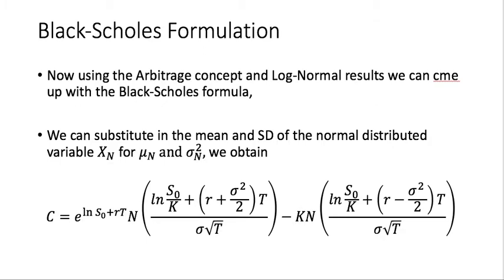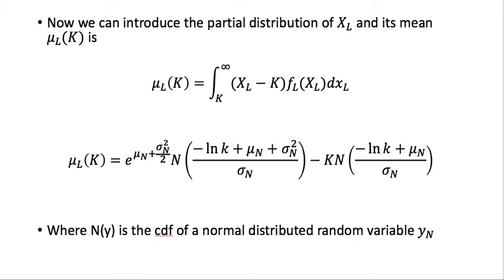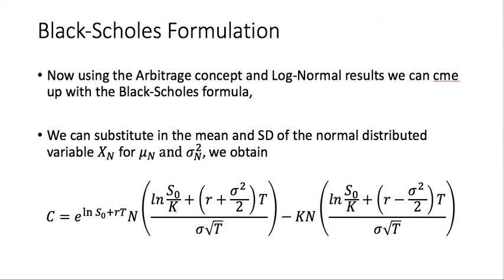Now to start formulating the Black-Scholes formula, we need to use the concept of arbitrage and our log normal results on the last page. We can substitute in the mean and standard deviation of the normally distributed variables XN, mu N and sigma N. If we go back to the previous slide, we see that in our mean formula, we have terms that include sigma N and mu N. So we are going to substitute the values for mu N and sigma N here, which we get.